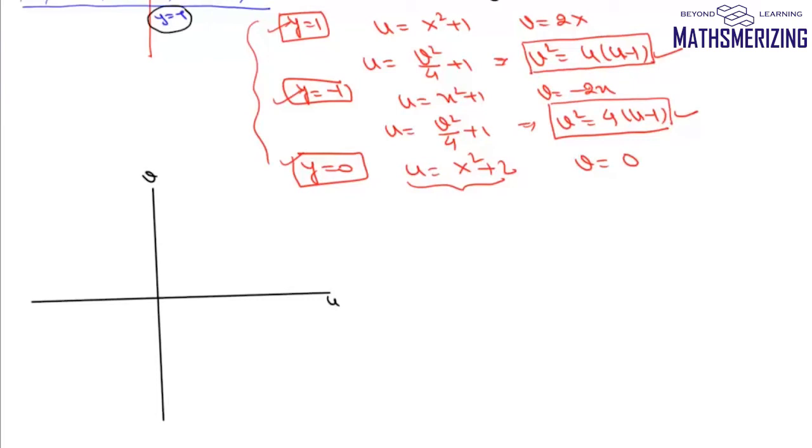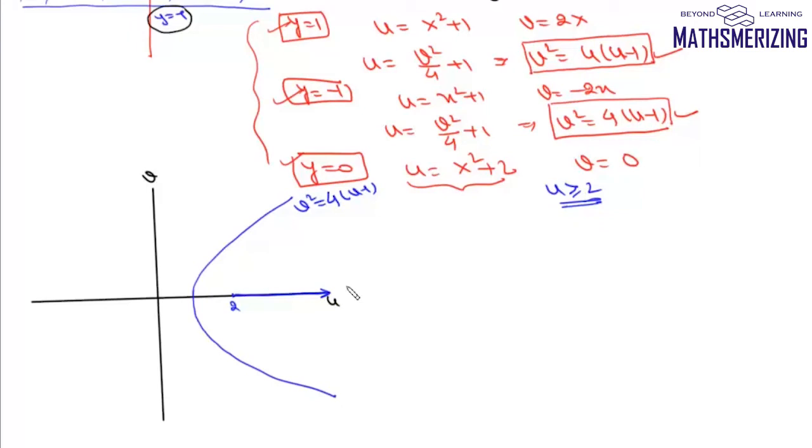So we can draw this parabola as v square equals 4 into (u minus 1). Now the second one is again the same parabola. And this third one is u equals x square plus 2. So in this case, u will be greater than or equal to 2 and v is 0. So I'll represent this ray starting from 2 and going towards infinity. So this is the sketch of boundary values.